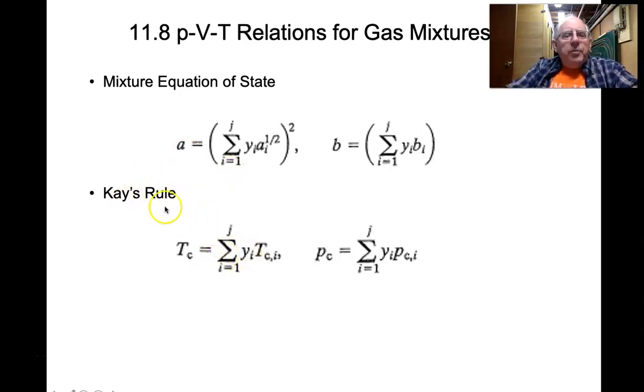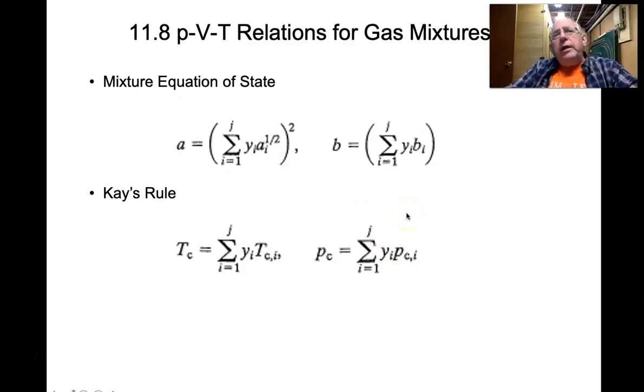Likewise, when we talk about a critical temperature and a critical pressure, each of the individual components would have its own, and we could weight those individual critical temperatures and critical pressures by the mole fraction, sum that all up, and get a weighted average critical pressure and temperature. And so this would come into play.